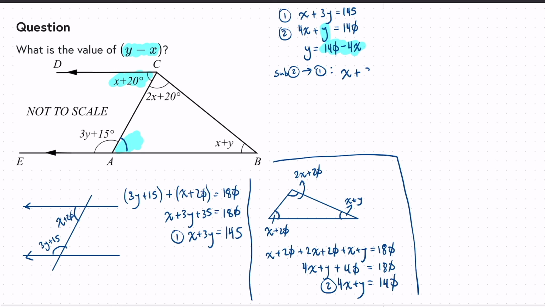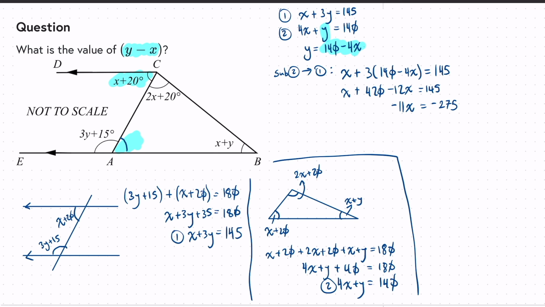X plus 3 times y equal to 145. Now, tidying up these x's first and then subtracting 420 from both sides gives me 1 minus 12, which is negative 11x. 145 take away 420 is negative 275.